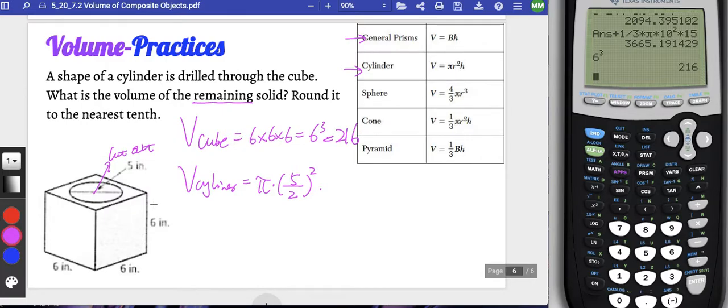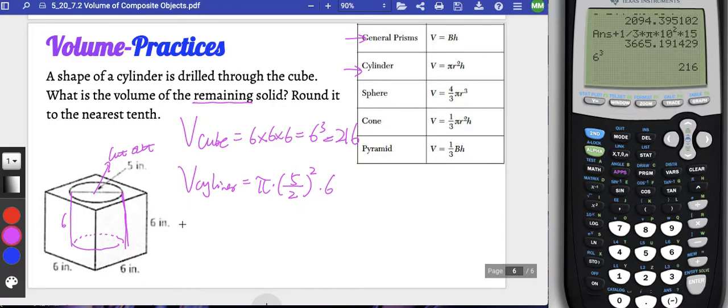Some students might say, I don't see the h here, but do not forget, the cylinder stays in the middle of the cube, so they have the same height. I just drew this to help you see. The height is going to be 6.